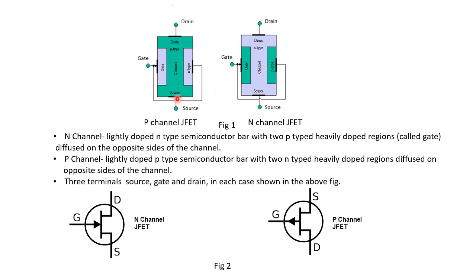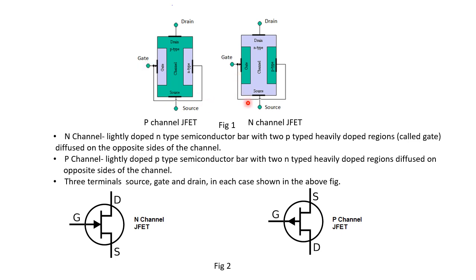A terminal is taken from this side of the FET, and this point is called the source and this terminal is called the source terminal. On the opposite side of the channel, a terminal is taken out and this contact point is called the drain and this terminal is called the drain terminal. These two gate regions are interconnected and a single terminal is taken out which is called the gate terminal.